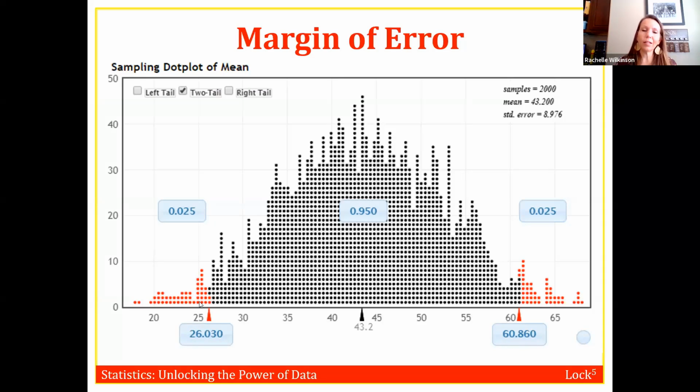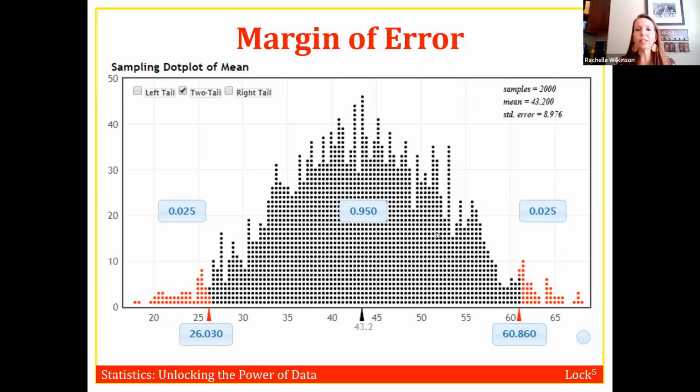So it's unlikely, but still possible. And what about a sample mean of like 10? 10 is super duper unlikely, right? When we took 2,000 samples, we didn't get any sample means that were anywhere close to 10. So it seems almost impossible to get a sample mean of 10 or less based on our sampling distribution here.